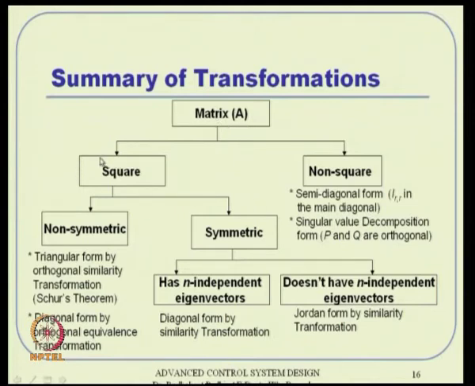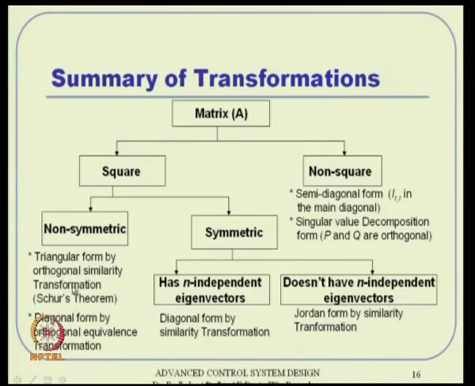Now, that will give rise to two different cases: either I have a symmetric matrix or I have a non-symmetric matrix. If I have a non-symmetric matrix, I can directly go ahead and apply Schur's theorem and say, well, I can restrict my P matrix to be orthogonal, then I will end up with a triangular form by orthogonal similarity transformation.